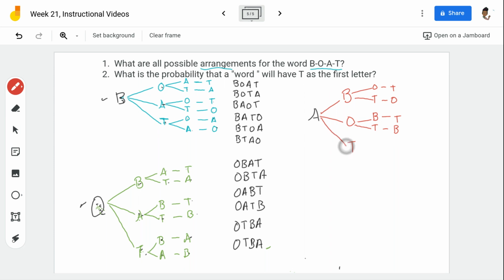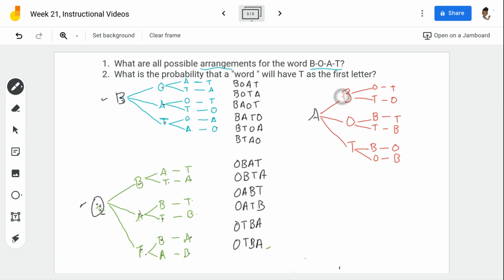Well, what if I use an A and a T? What's left? A B and an O. If I use ATB, then I have O left. And if I use ATO, then I have a B left. So I have yet more fictitious words.